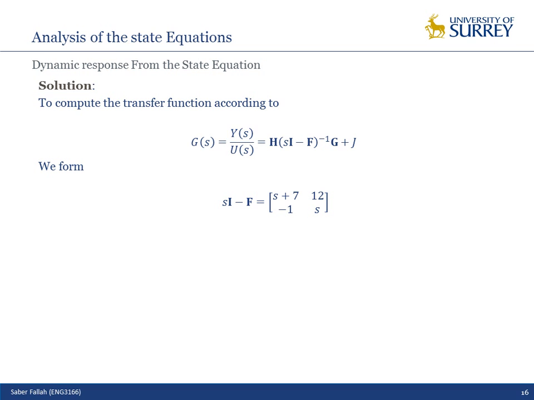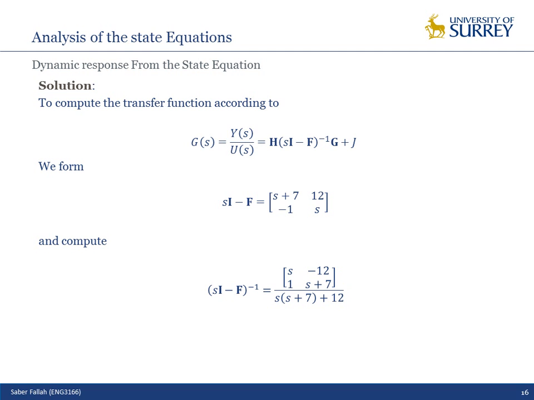One over the determinant. Yes, you need to swap these elements and divide by the determinant. Here is the determinant of the matrix, and here I just swap the diagonal elements and negate the elements on the other diagonal.